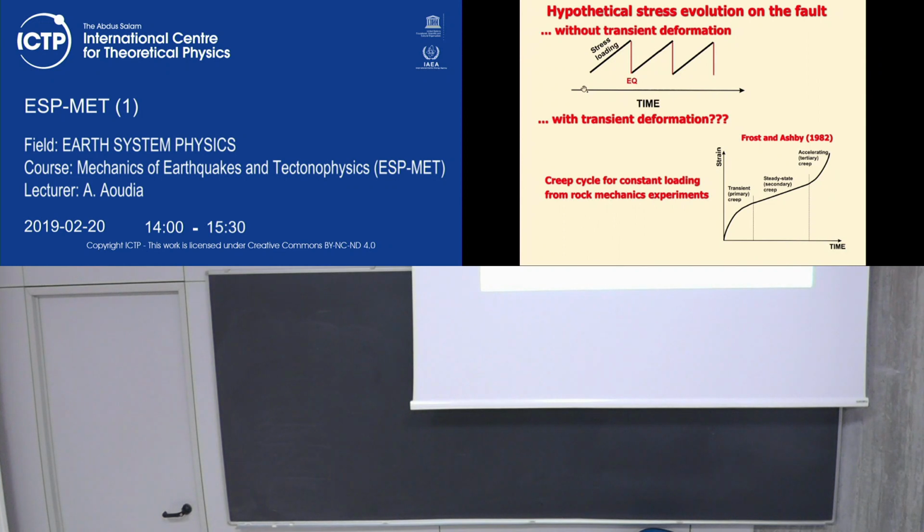And these are the initial models that we got after the plate tectonic revolution started coming out, okay? So this is telling us that this is very simple, okay? Then there might be transient within the system.